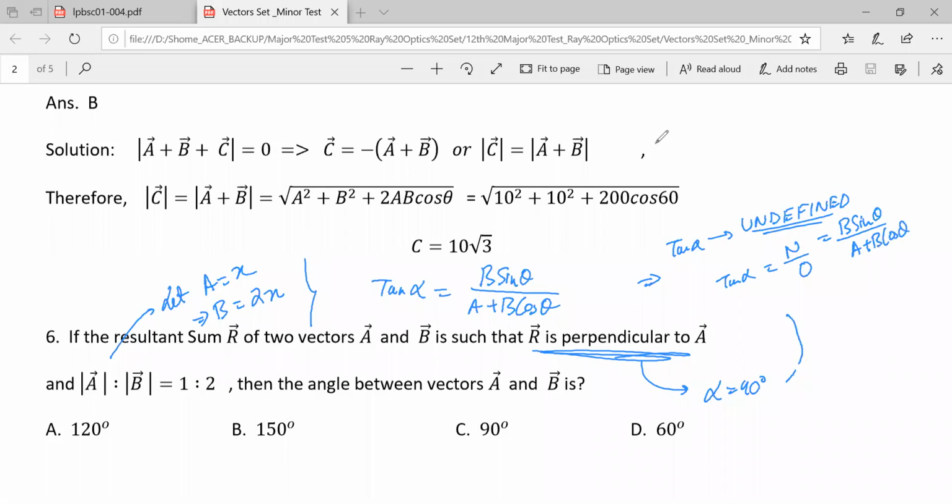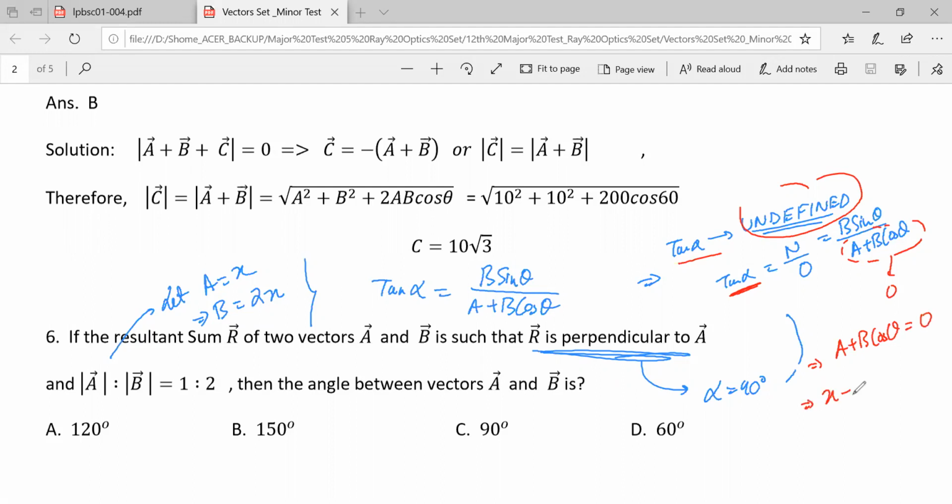So tan alpha is undefined. इसका मतलब क्या है, ये जो denominator है, this should be 0. Only then tan alpha will become undefined. Okay, so that means A plus B cos theta must be 0.